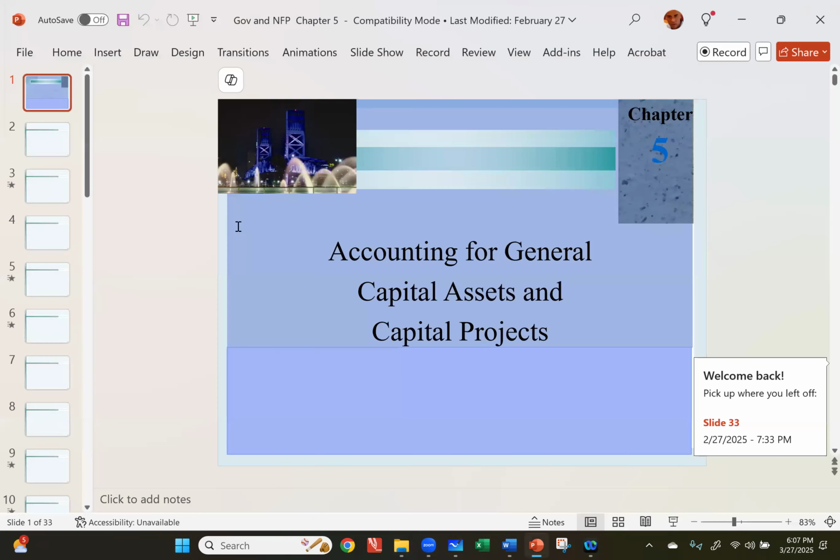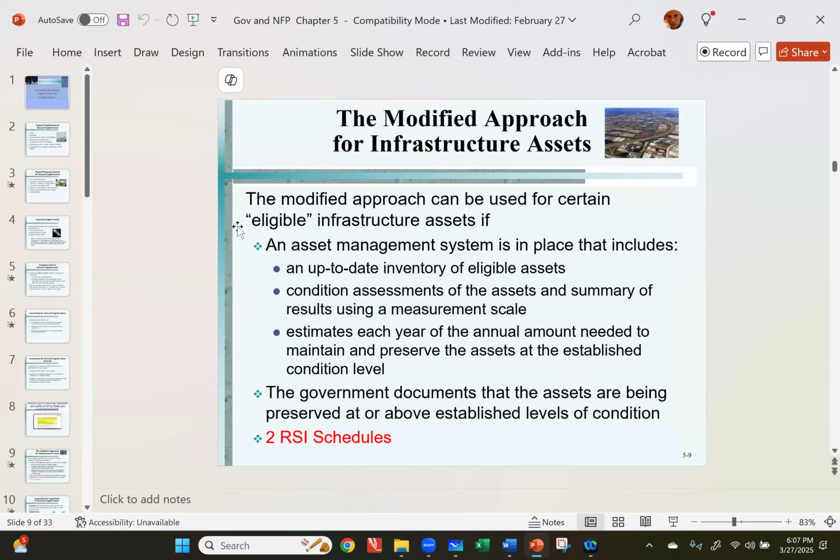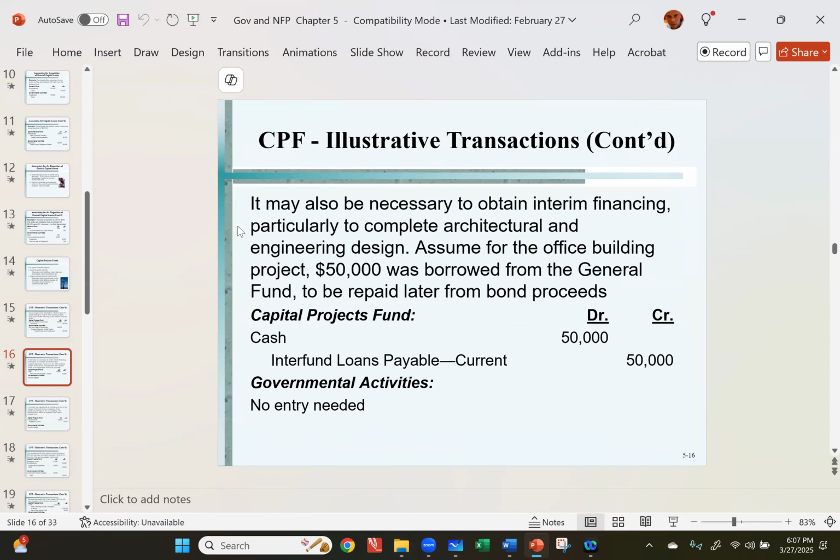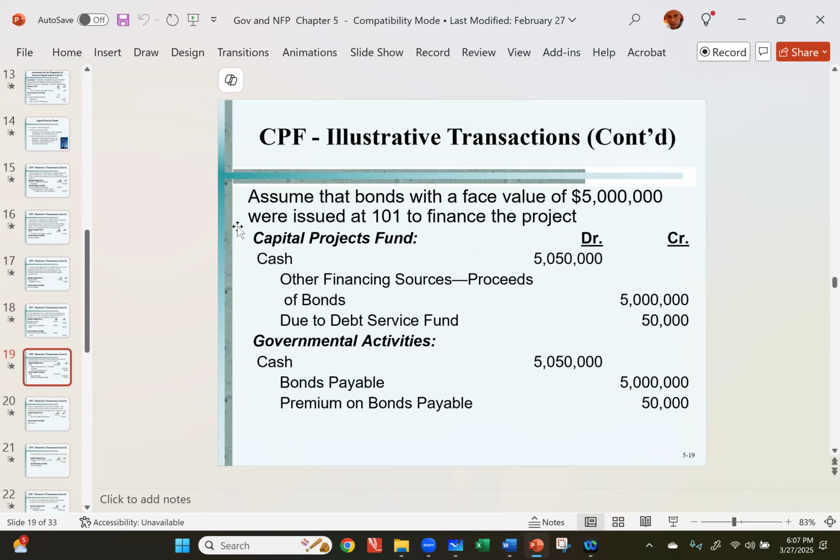If I'm remembering that example correctly, and please God, don't ask me why I remember the detail of the slide to this level of specificity, they issued these bonds at a premium because they issued them at 101. So there's a $50,000 premium. And notice they set up that premium as being due to the debt service fund.